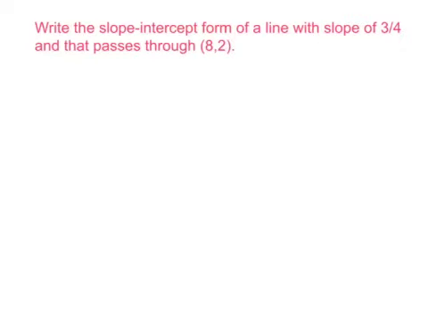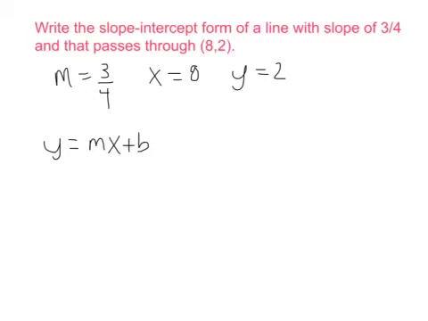So let's look at the example if we want to write the slope-intercept form of a line with the slope of 3 over 4 and that passes through point 8, 2. We can say that m, our slope, equals 3 over 4, our x value is 8, and our y value is 2. If we plug those values into our slope-intercept equation, we will get 2 equals 3/4 times 8 plus b.